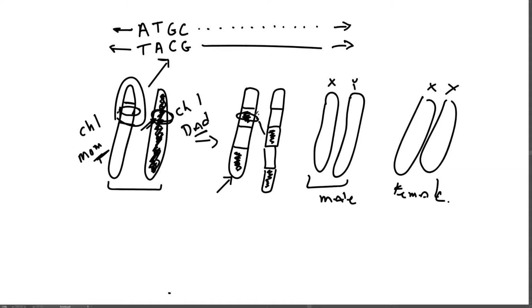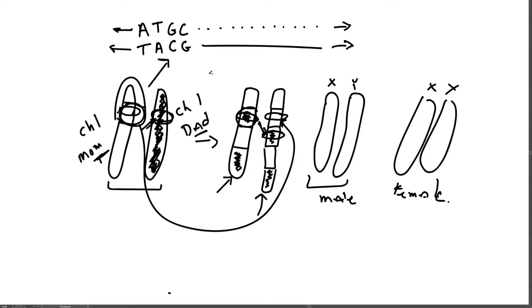But now we have this segment copied here, and this segment that contains a copy of the receptor molecule incorrectly spliced into this chromosome here. So now we have a copy of the gene from mom and a copy of the gene from dad in this chromosome. So in this way, this issue of homologous recombination created a duplication of the gene.